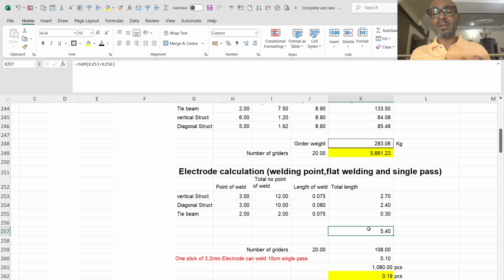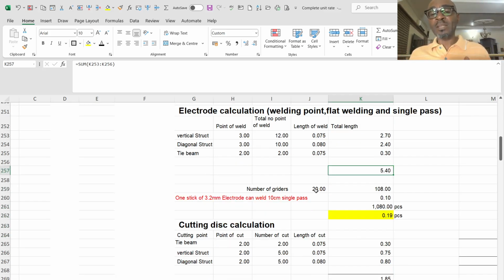So the total length of welding is 5.4 in one girder. If you now multiply it by 20 girders, you have 108 meter length of welding that you need to do for the 20 girders.